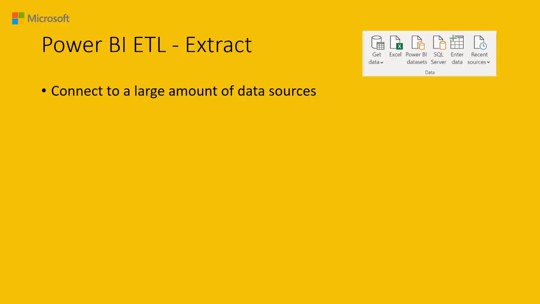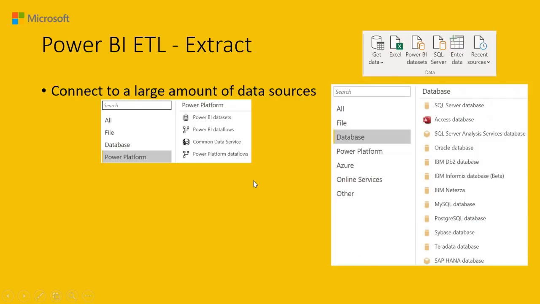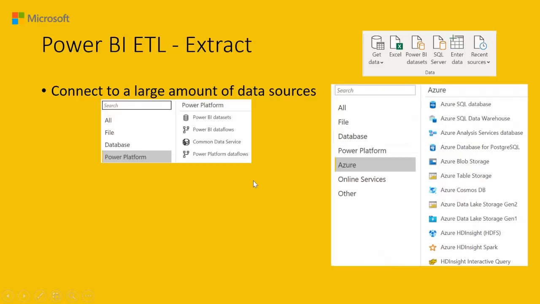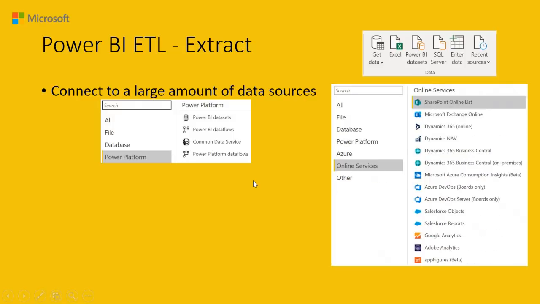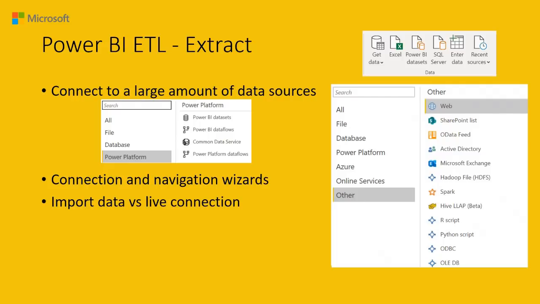During the Power BI ETL extraction, Power BI connects to a large number of data sources: files, databases, Power Platform sources, Azure online services, and others. Power BI uses a specific connection and navigation wizard that gives us an easy way of getting data from the source. There are 2 options for getting data.